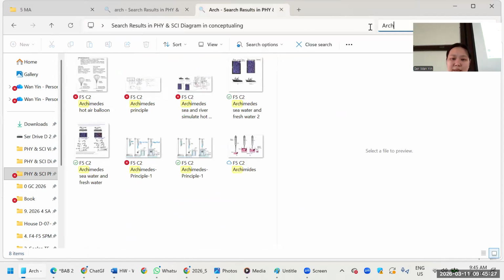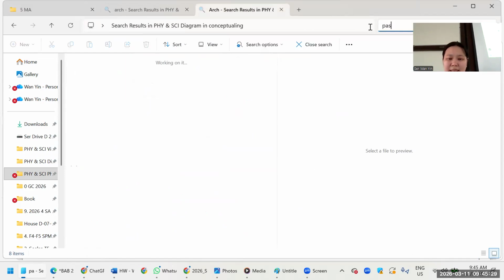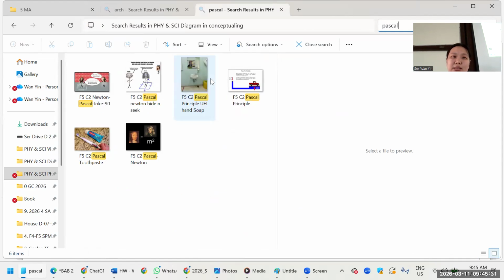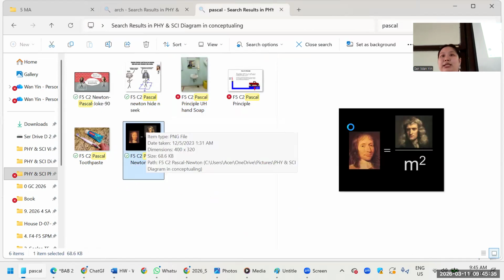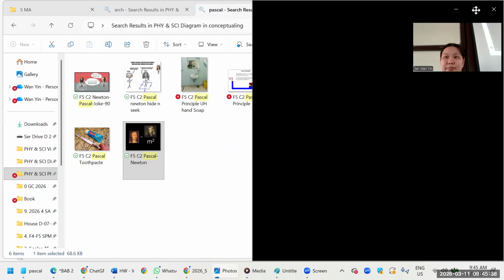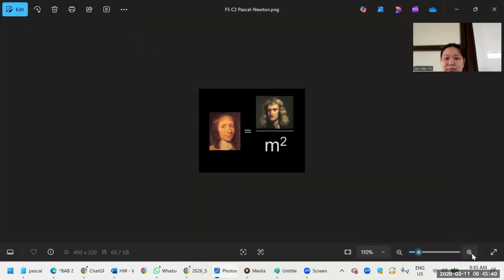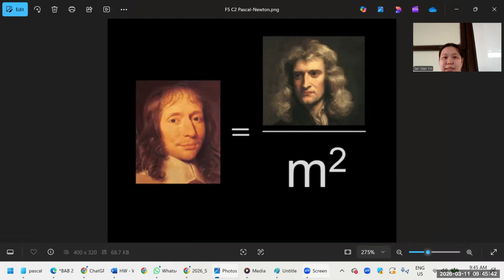Actually, Pascal is a scientist. He is Pascal. Okay, so he defined that Pascal is 1 Newton per 1 meter square.